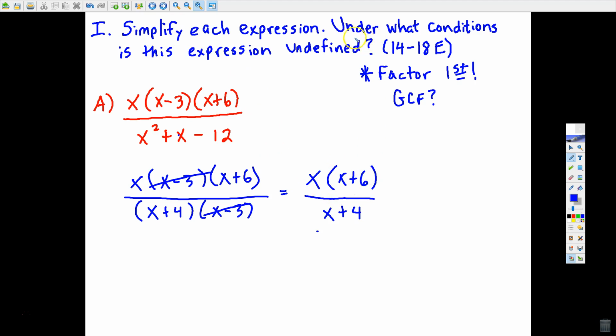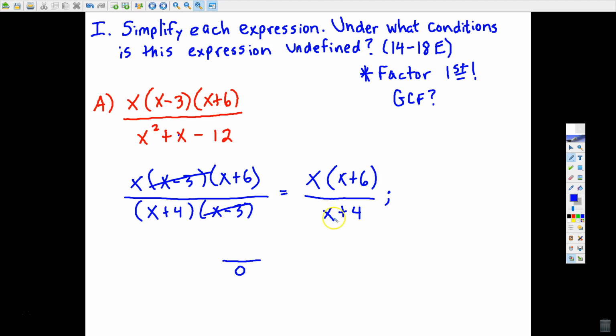Now we're going to answer the question, under what conditions is this expression undefined? Well, a fraction is undefined when its denominator is 0. So basically you're asking yourself, based on this expression, meaning your answer, what would cause this to be undefined? What number could we put in for x to cause this denominator to become 0?